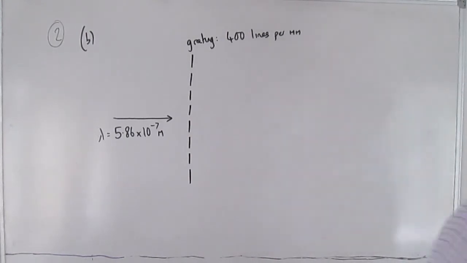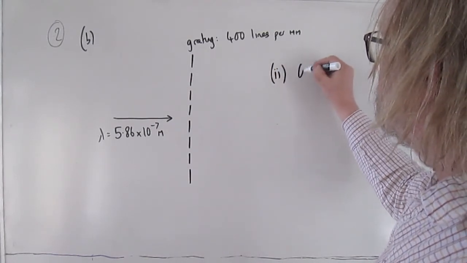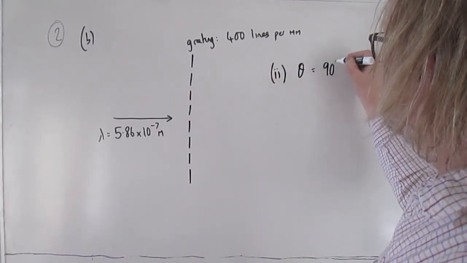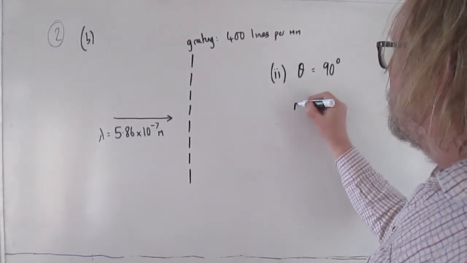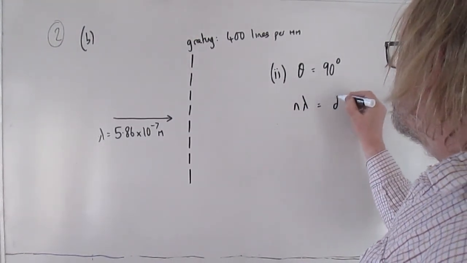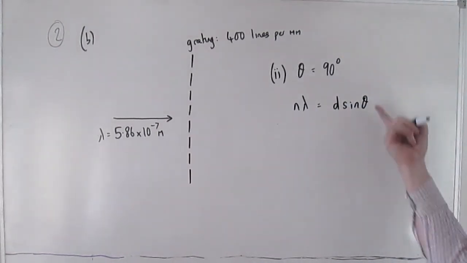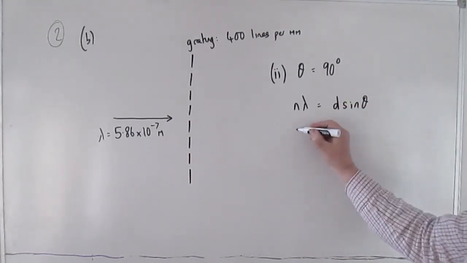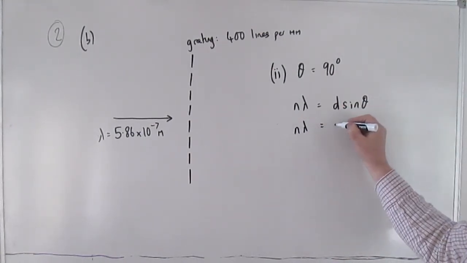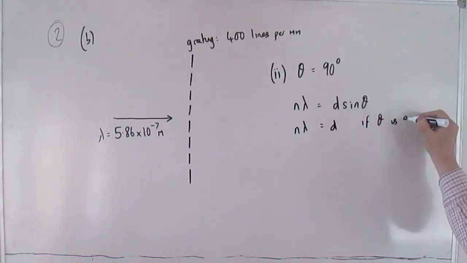So in order to answer part 2 there, the highest order image, what you do is you set theta equal to 90 degrees. Okay, so then we have our equation, n lambda is equal to d sine theta, and sine theta is equal to 1 if theta is 90 degrees. So n lambda is equal to d if theta is 90 degrees.